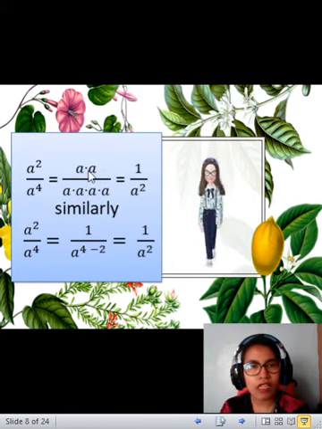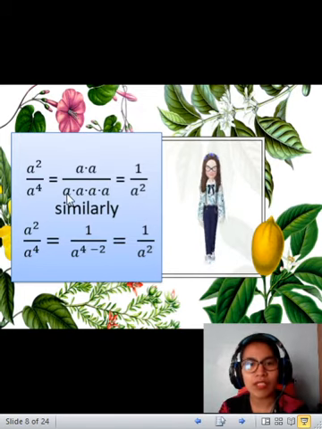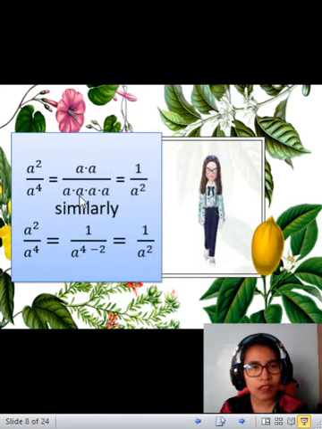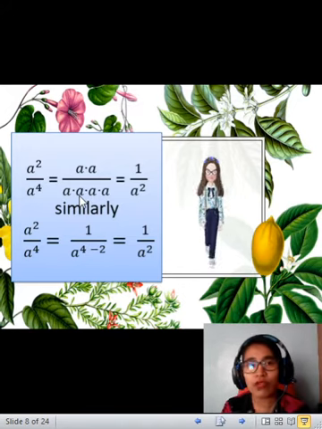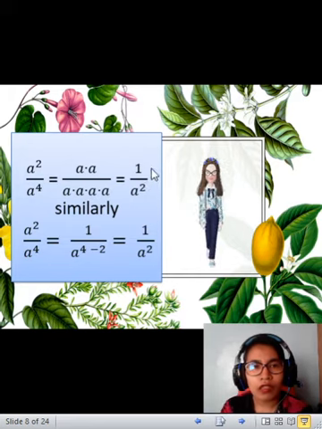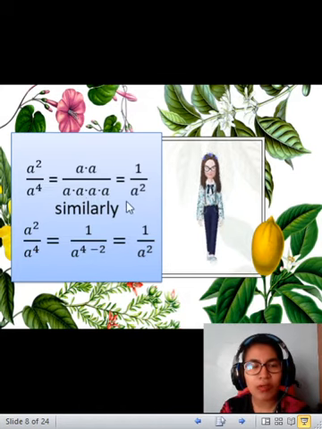So a times a on the numerator, then on the denominator, you will have a times a times a times a. Then, the same as what we do, we will cancel. Don't forget that even though you cancel that on the numerator, we should still write the number 1. Then the remaining will be on the denominator, which is a squared.